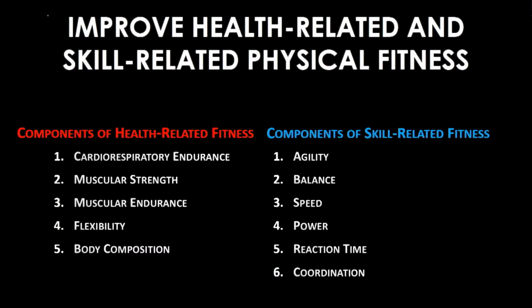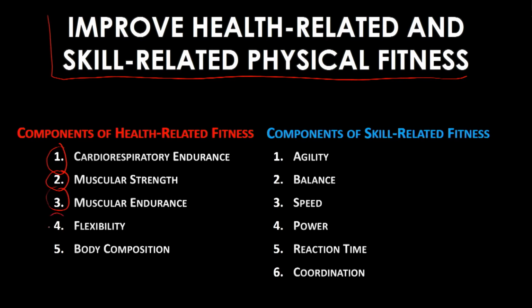We had spoken about the importance of improving health-related fitness and skill-related fitness components. And we had classified those into two groups. The components of health-related fitness were the five around cardiorespiratory or cardiovascular endurance, muscular strength, muscular endurance, flexibility, and body composition.